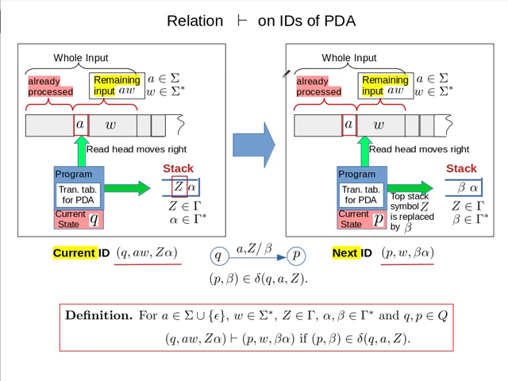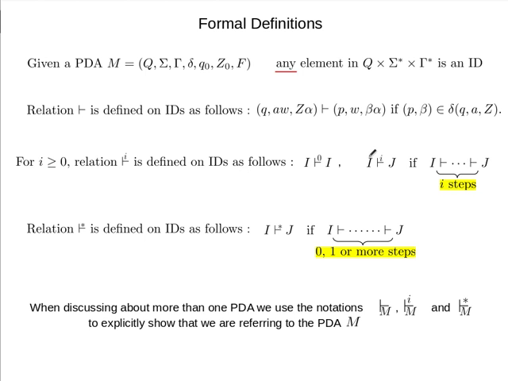Now once you have this single step relation, we can talk about multiple steps, right? So first of all, the formal definition of ID is just any triplet here. Again, as I said before, as part of the definition, we do not care whether some triplet can be reached or not.